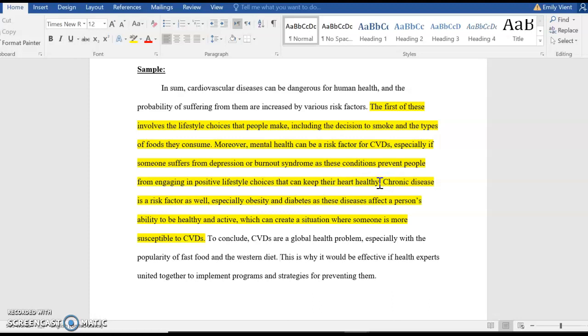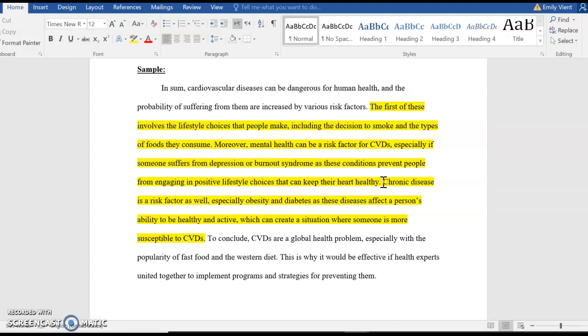Chronic disease. Now you notice here I didn't put a new transition because, again, you don't want to start every sentence with a transition. Transitions are important for connecting your ideas, but don't start every sentence with a transition. That can also give the impression that your writing is not very advanced.